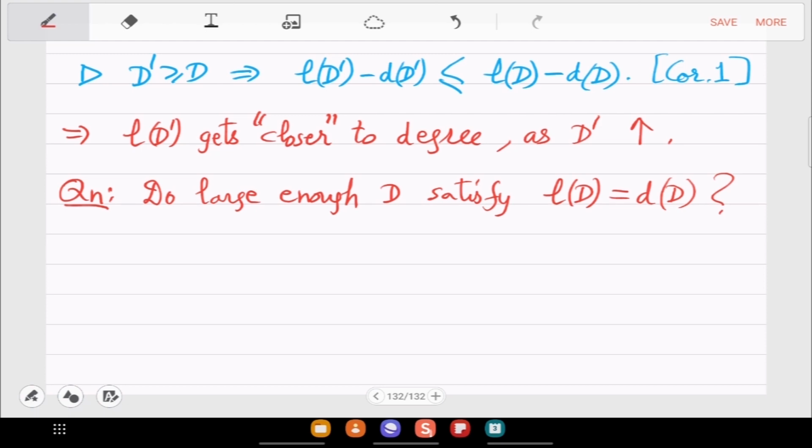If not, how much is the difference? Is this difference going all the way to minus infinity and so on? Right. So these are the questions. Because it could keep on decreasing. So if it decreases, will it reach minus infinity, or will it reach 0, or will it be positive, and so on? So we will now be interested in understanding this difference.